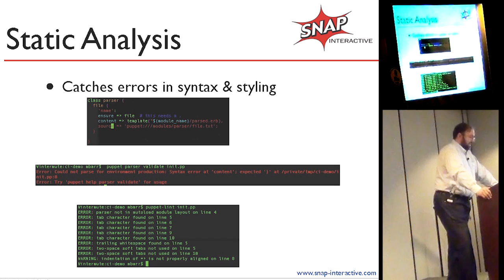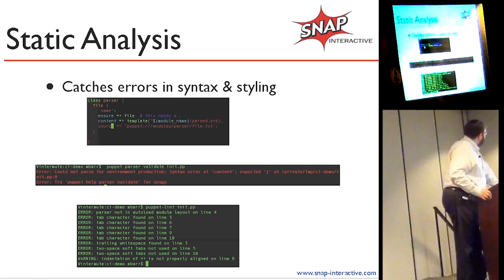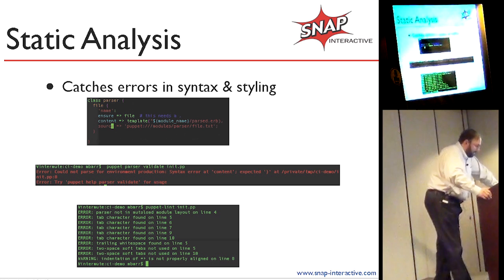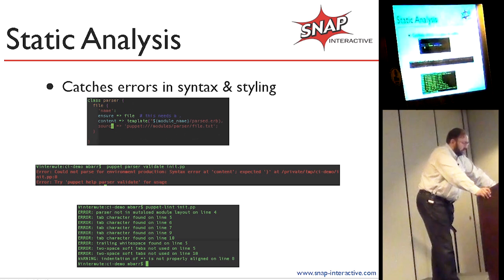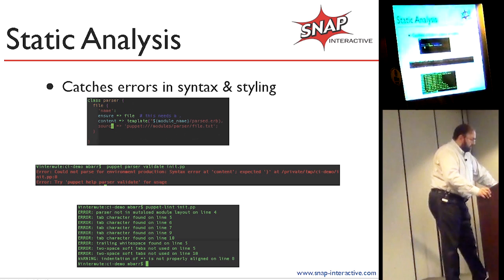It catches things like this. Now, I'm going to bet, based on prior experience, that some of y'all back there can't read this. Sorry. So this is actually a Vim syntax markup of a very basic class. You can see that, well, for the people that are close enough, there are two errors I can see right away.